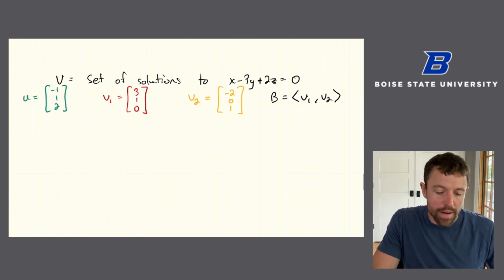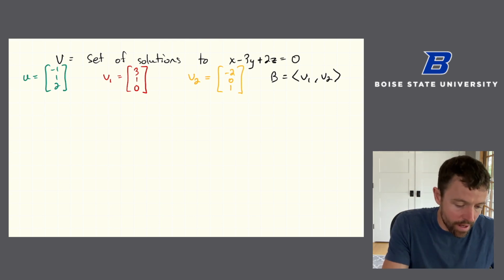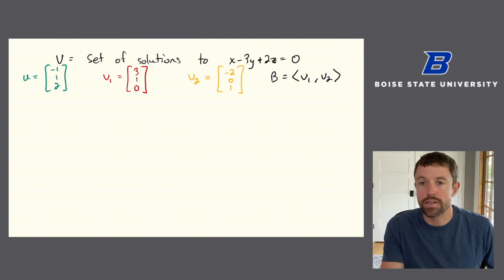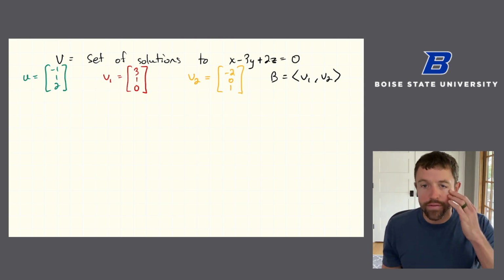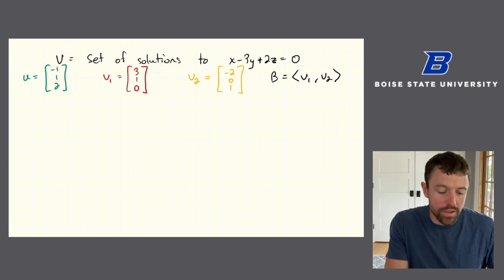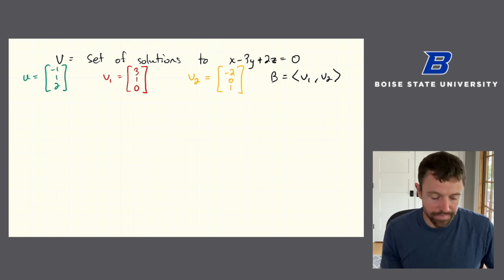So here we're going to go back to this same vector space we were considering, the set of solutions to x minus 3y plus 2z equals 0. And I claimed in the previous video that we could represent this vector u in terms of this basis, and I just kind of wrote down the answer, but I want to show you how I go about finding that answer.